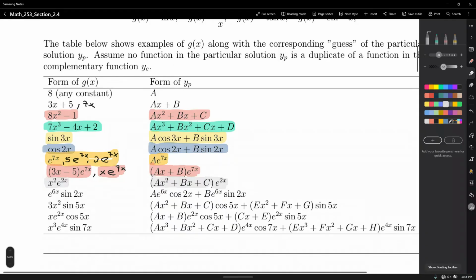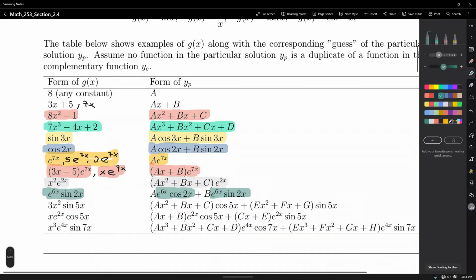Okay, let's make this even more interesting. What about a combination of an exponential with a trigonometric? Well, so again, regardless of which one, sine or cosine, you have, you need to include the whole pair sine cosine. For instance, in this case, notice exponential times sine, exponential times cosine. However, what do you see being multiplied with the exponential?